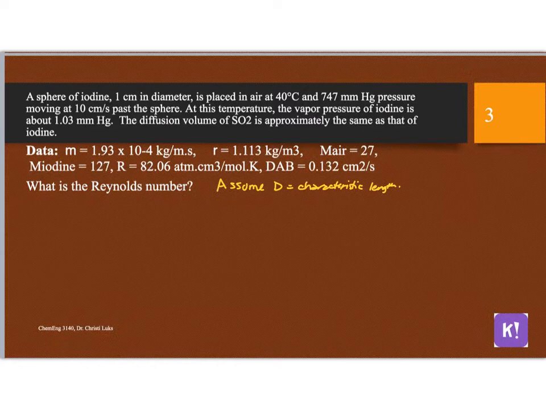All right. In this case, the Reynolds number is the diameter times the velocity times the density divided by the viscosity. This is my viscosity, my density. The diameter is 1 centimeter. Since these are in meters, this is 0.01 meter, just 1, not a 0.